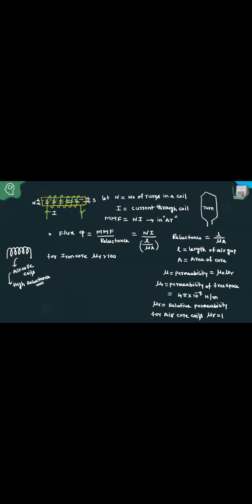That means if any magnetic material is having high permeability, it offers low reluctance and can easily allow the flux lines.